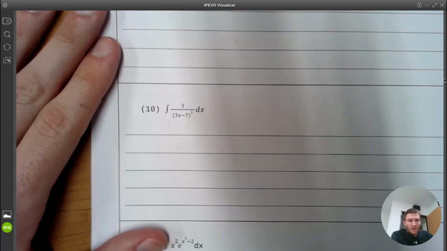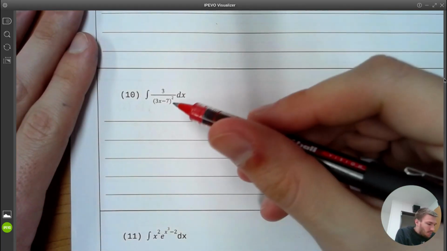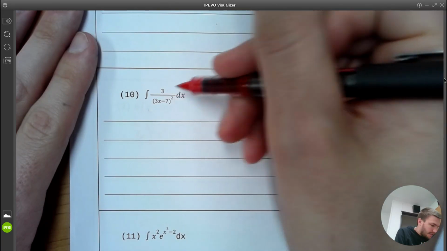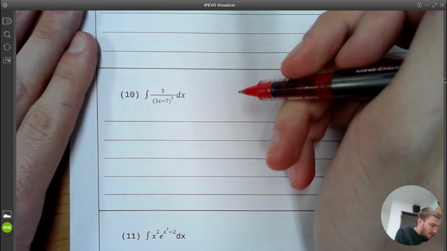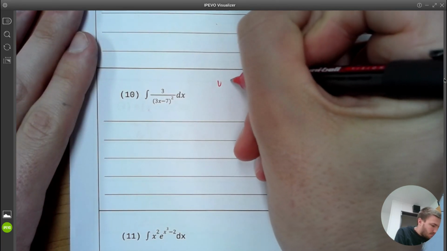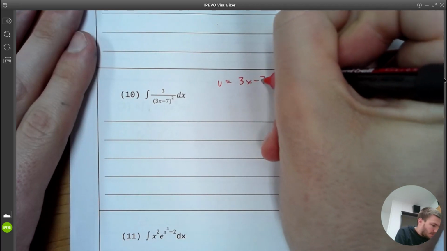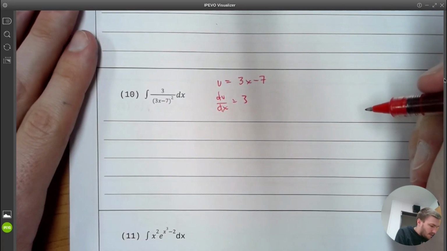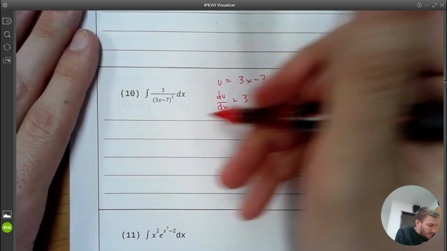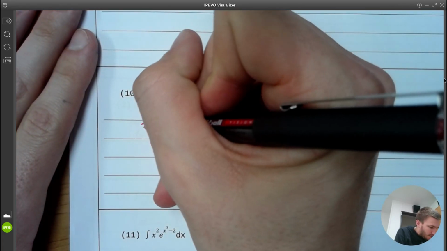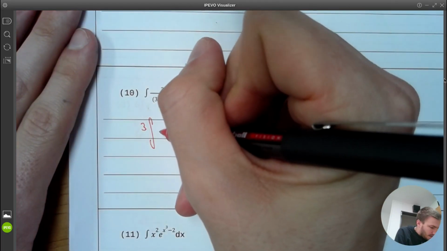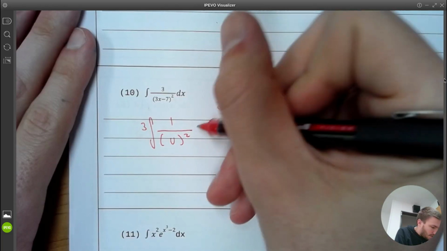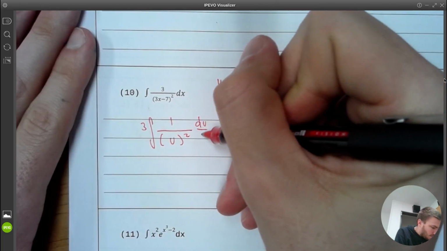Okay. Number 10. I can't do the same GCF thing. I have this squared here. I'm thinking I want to do u substitution. U equals 3x minus 7, du dx equals 3. So don't forget to divide by 3. The integral of 3, I'll just put that out front, u squared du over 3.